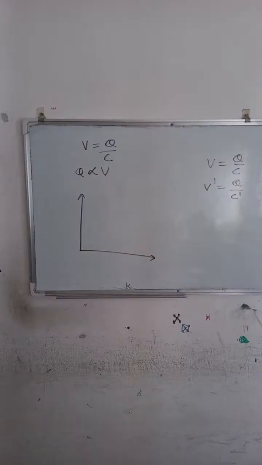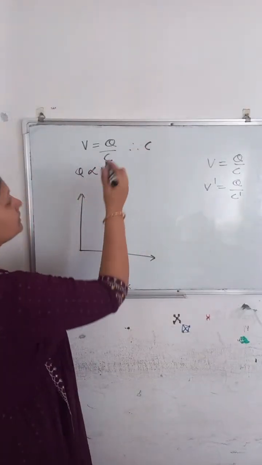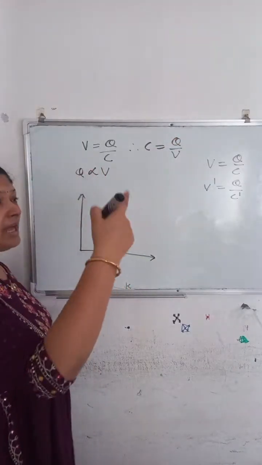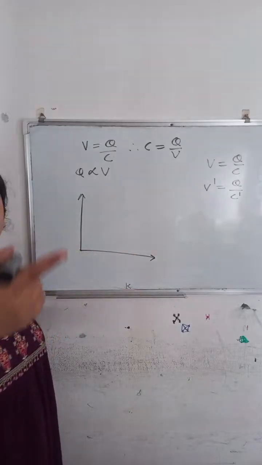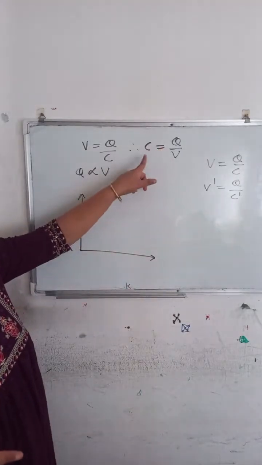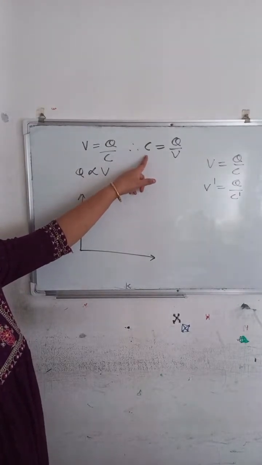If we want capacitance, C is equal to Q by V, because they are varying the charge and the potential. If both quantities are changing continuously, then the resultant, the capacitance, is its slope.